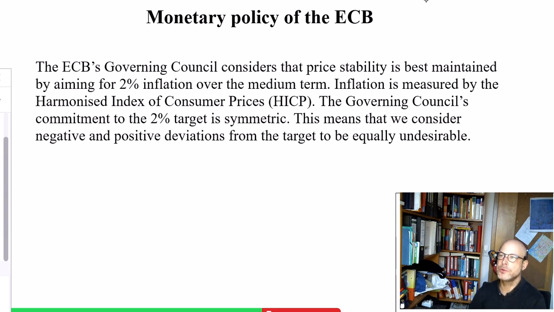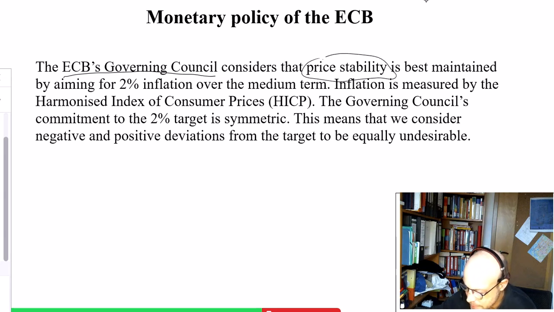Yeah, let's now go to the monetary policy of the ECB. And this is just a revision. We had this when we had the magic square, the system of aims in our economy. So the governing council of the ECB considers price stability at an inflation rate of 2% measured by the relative change of the harmonized index of consumer prices.